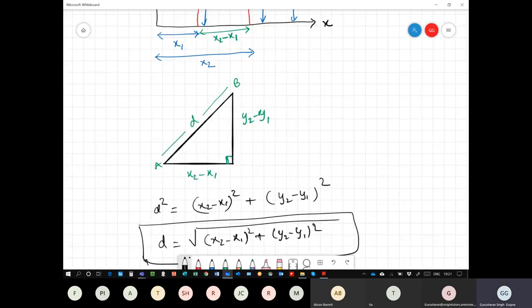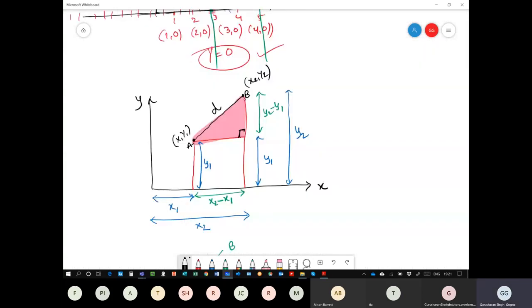So if you go back to the same diagram again, in this triangle, AB is a line and I want to find out the slope of this line. You can see that the run, let's call this x2 minus x1 again, because this is equal to the side. So the rise is what? Rise is y2 minus y1 and run is x2 minus x1.